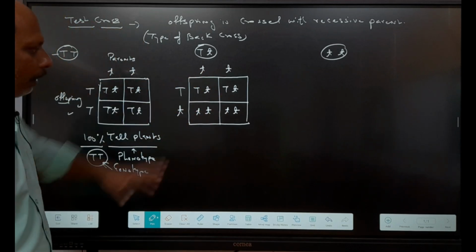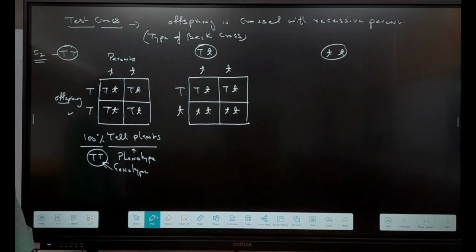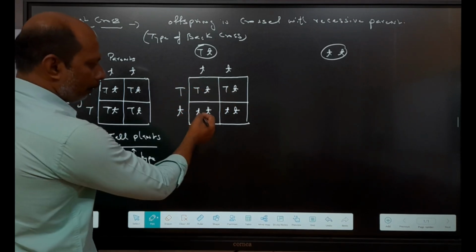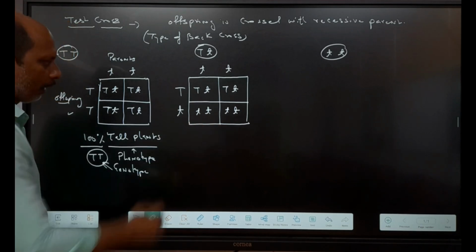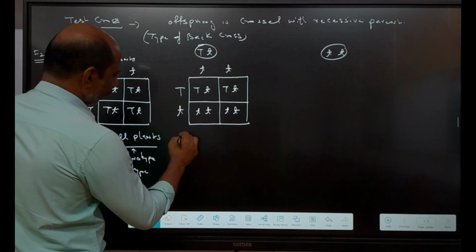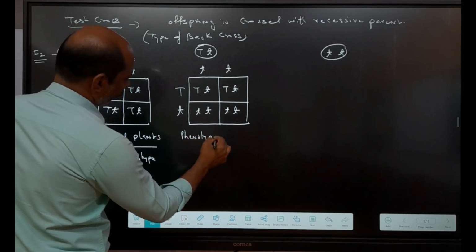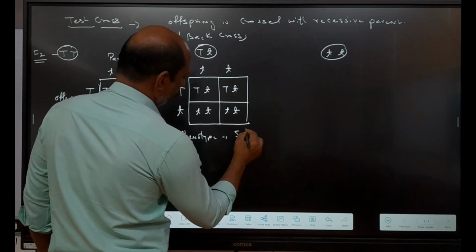Because these two boxes contain capital T, the dominant trait is present, so these two plants are tall. But where no capital T is present, these two plants are dwarf. Here the phenotype percentage is 50-50%.